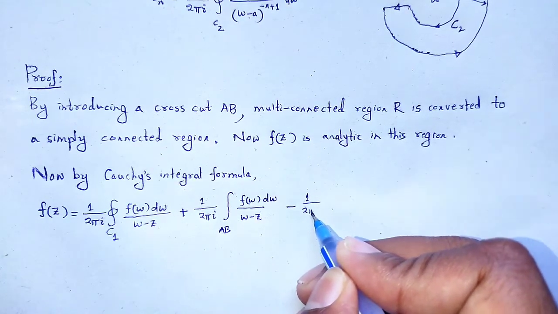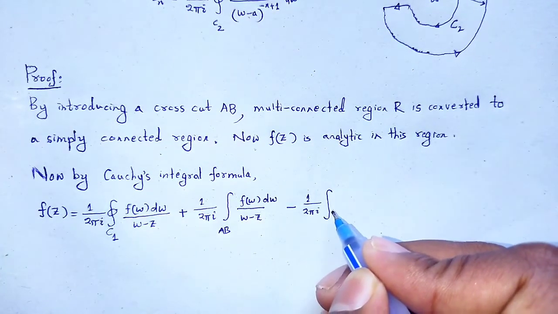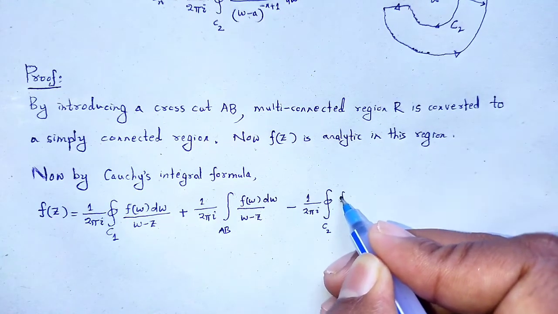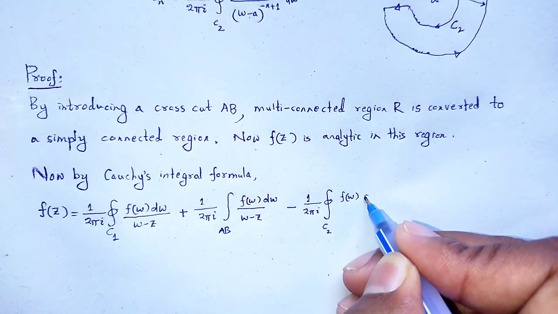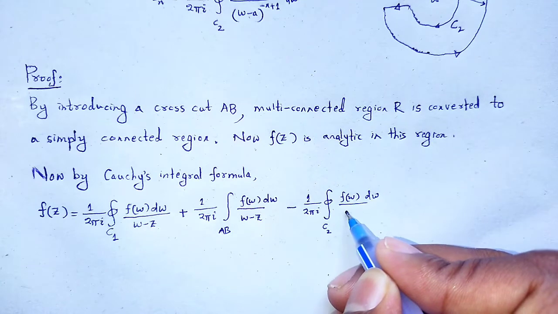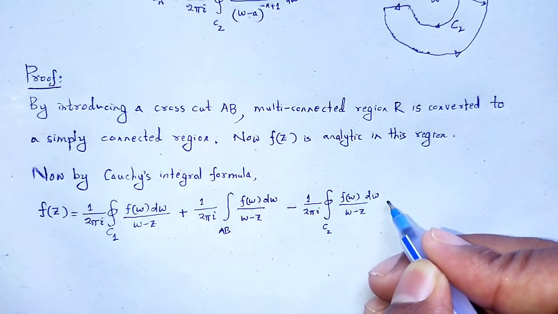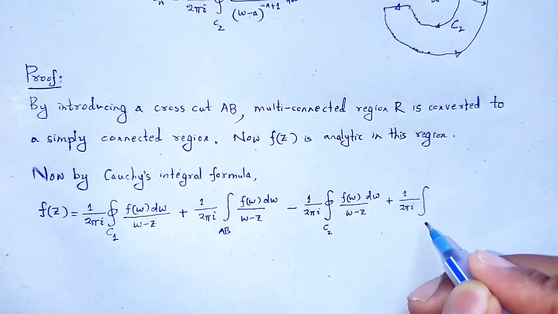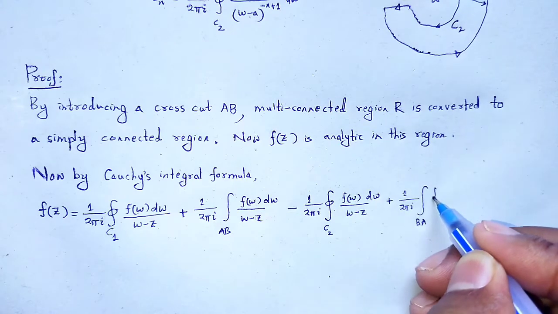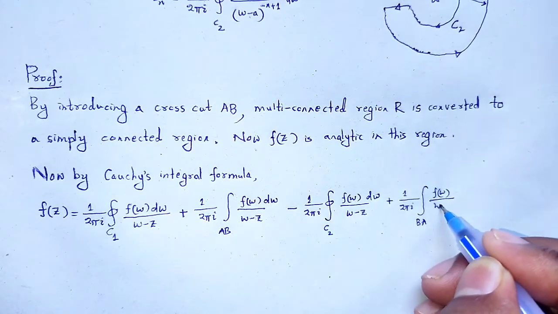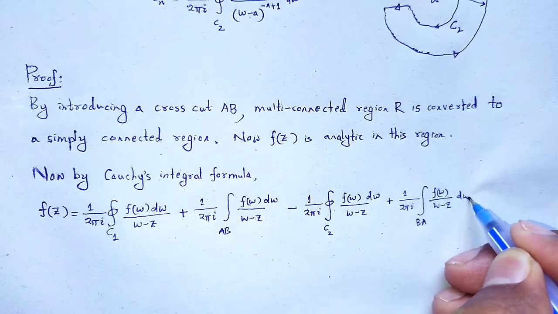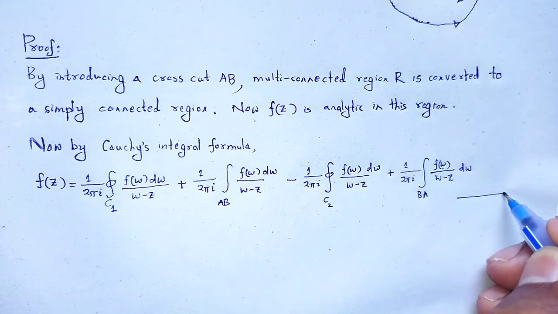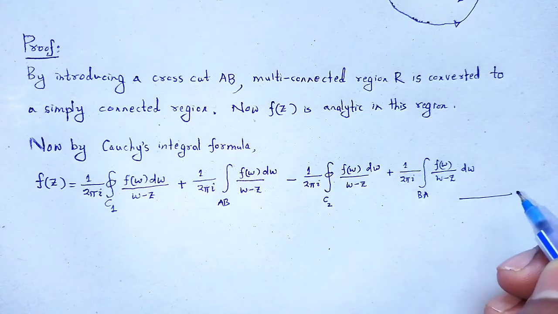Then 1 by 2 pi i closed curve integration, here we take negative, over C2 f of w dw divided by w minus z, plus 1 by 2 pi i from B to A f of w divided by w minus z dw. That is the equation.